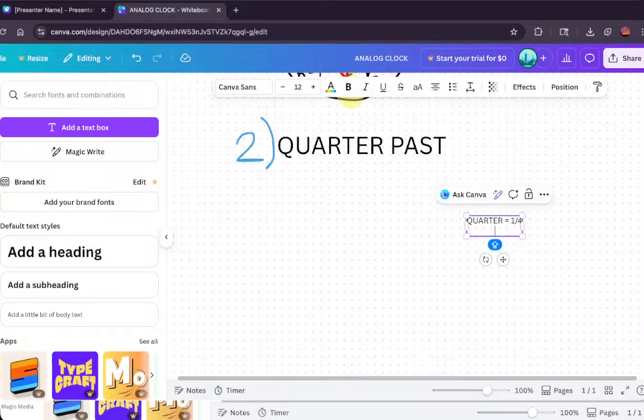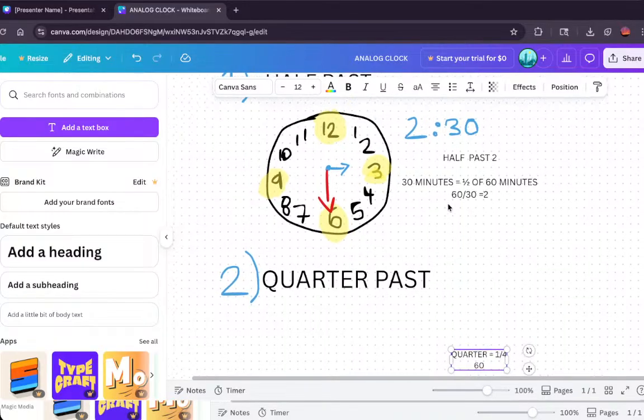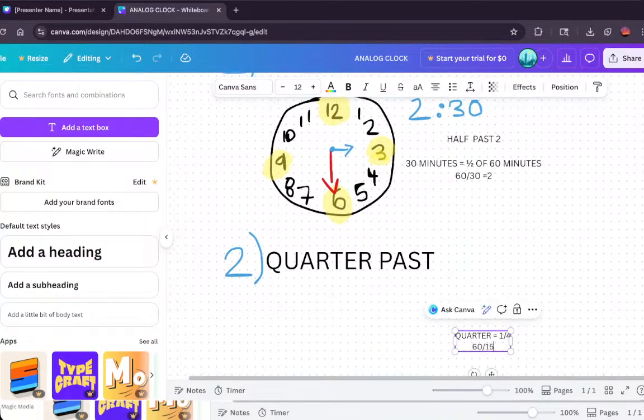So since an hour has 60 minutes, 1/4 of an hour is 15 minutes. Because 60 divided by 15 is equal to 4.